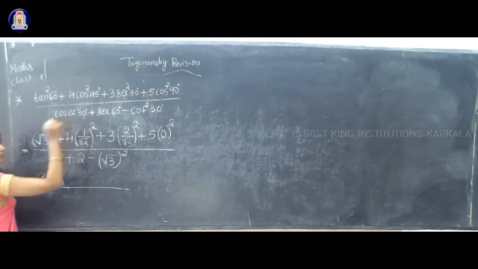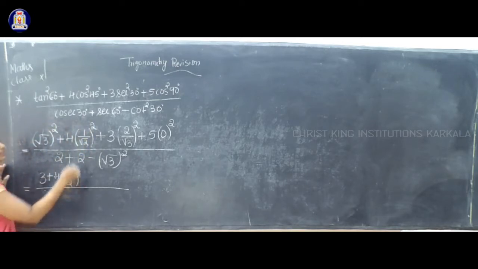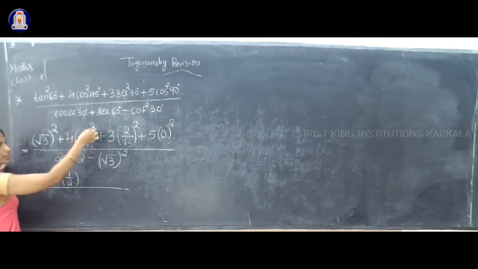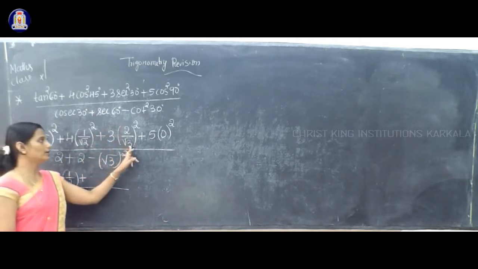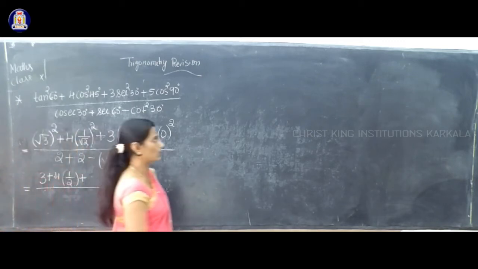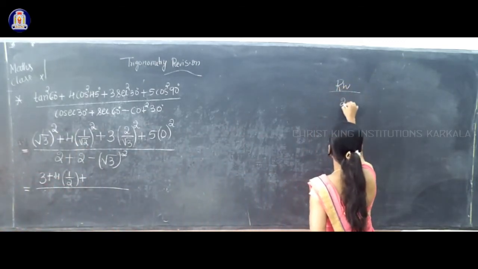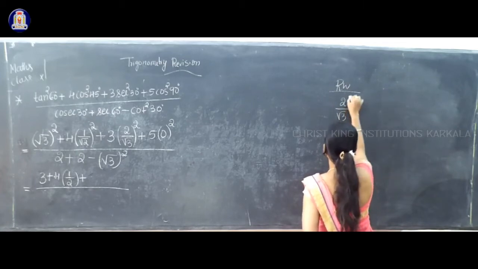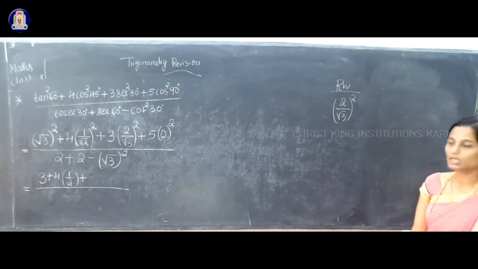Plus 4 into 1 by root 2 whole square, which means the answer is 1 by 2. Right? Because 1 by root 2 into 1 by root 2, root 2 into root 2 is 2. Plus now 3 into 2 divided by root 3 whole square.